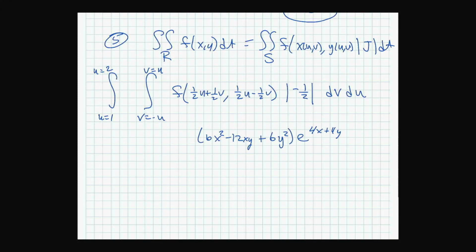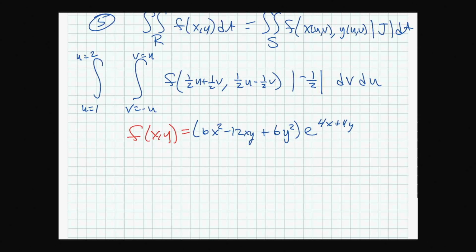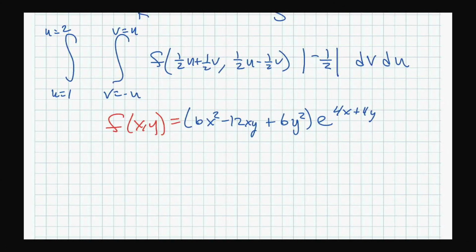I'm just going to say this was f of xy. You actually have to plug in x equals 1/2 u plus 1/2 v, y equals 1/2 u minus 1/2 v.